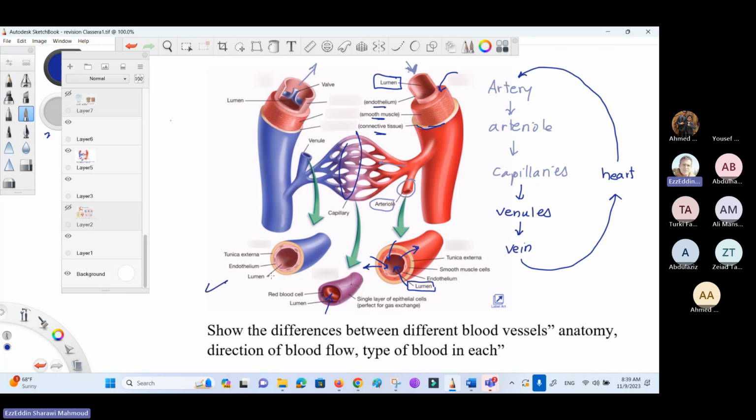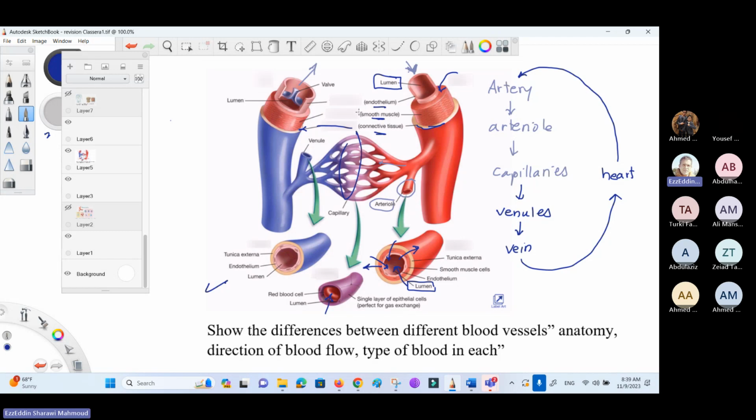Unlike that, let's go to the other type of blood vessels, which is called vein. The same layers are also found here, but with less thickness. The outer one, which is connective tissue, is thinner here.